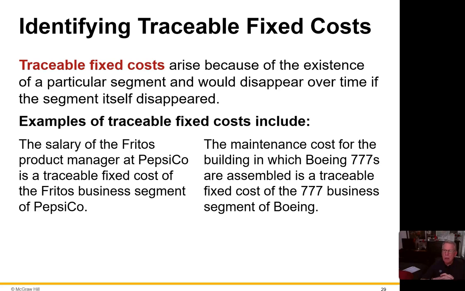The salary of a Fritos product manager at PepsiCo is a traceable fixed cost of the Fritos business segment of PepsiCo. Now, the maintenance cost for the building in which a Boeing 777 is assembled is a traceable fixed cost of this 777 business segment of Boeing.